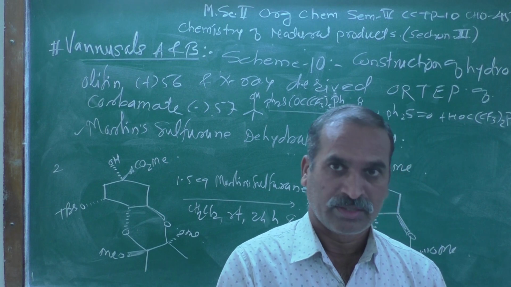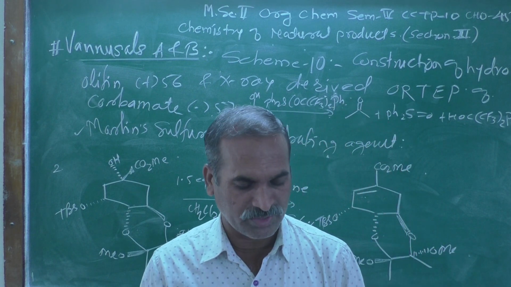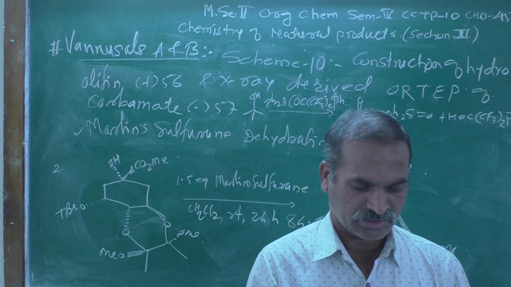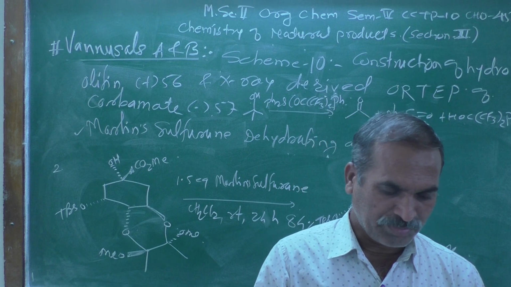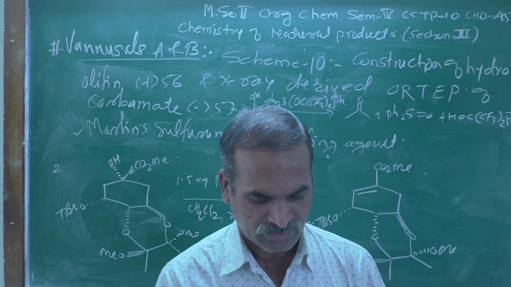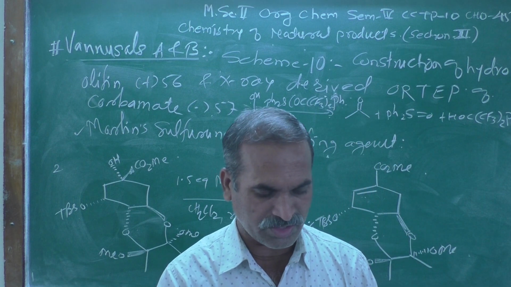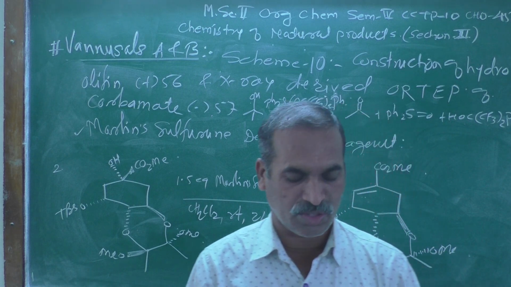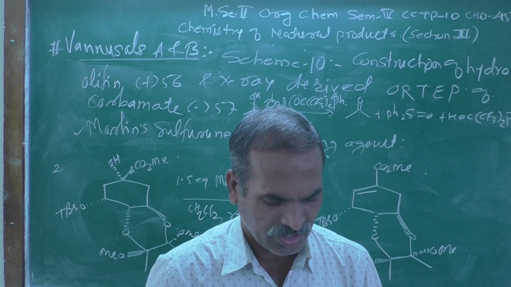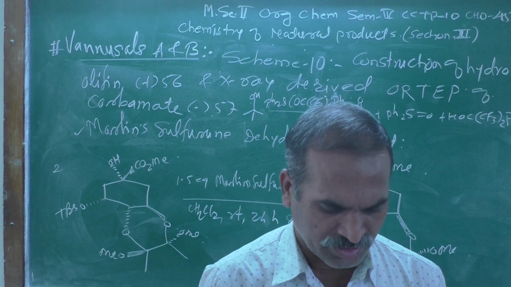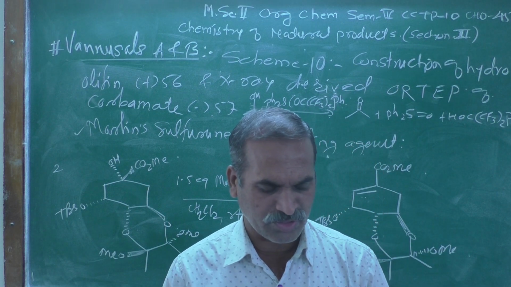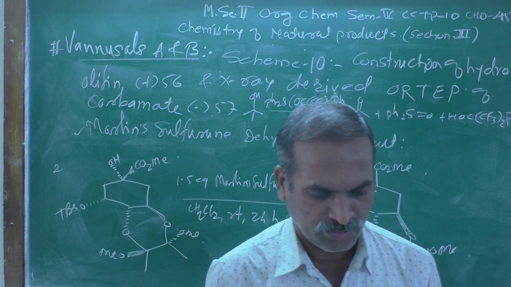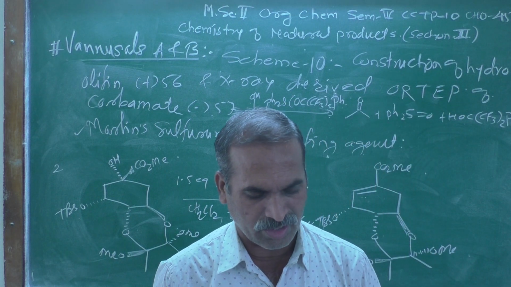So this is one of the reagents we have discussed. This method suffered from the high cost of the reagent, and therefore a second, less expensive process for the conversion of 52 to 54 was developed.